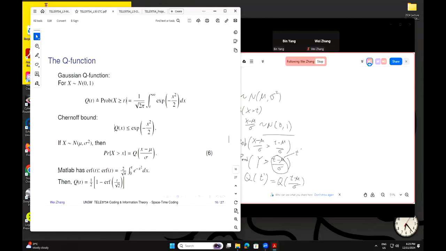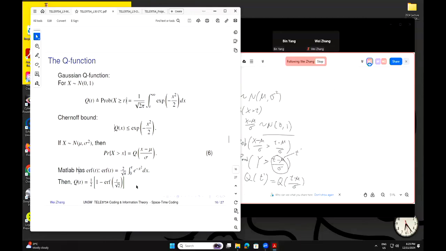In the MATLAB program, there is another function called the error function, ERF. If you type help ERF, it gives this formula. ERF has some relationship with the Q function, but they are not equal to each other. ERF equals this one, Q equals this one.